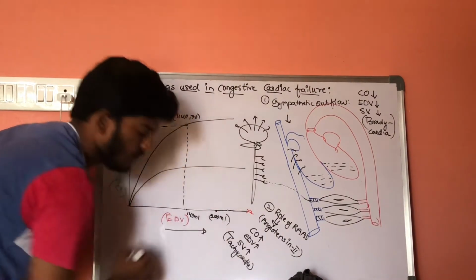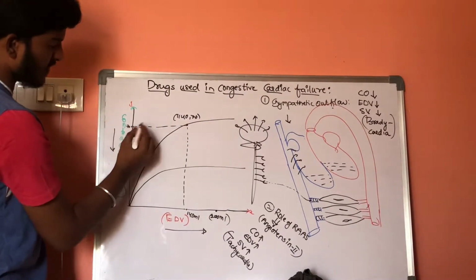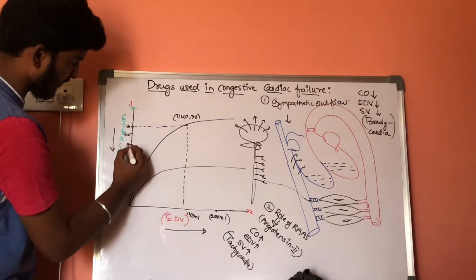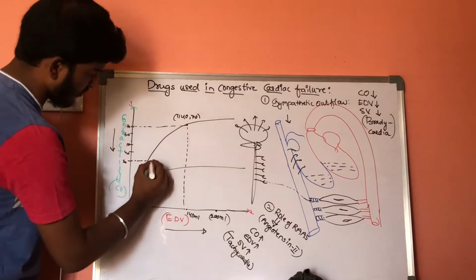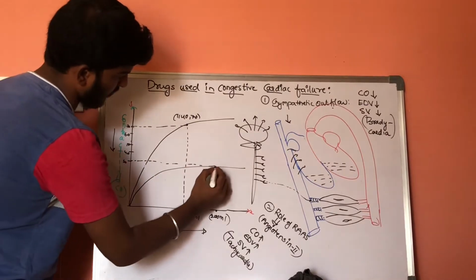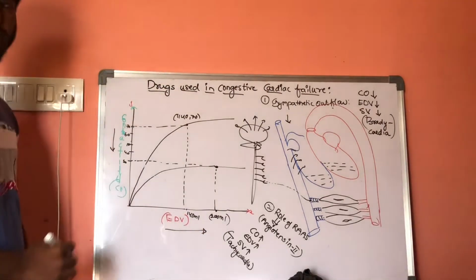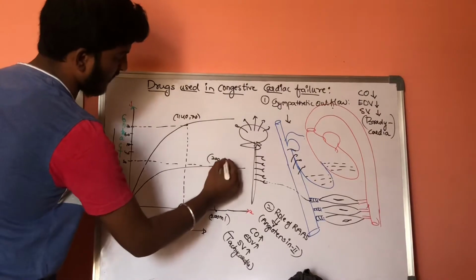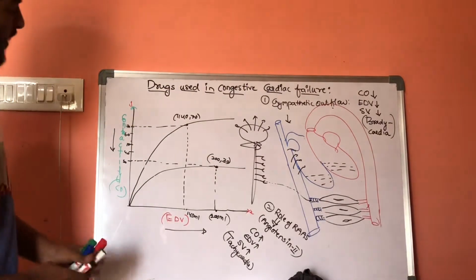At 200 ml, it will decrease from 70 to 60, 50, 40, and down to 30 beats per minute. In this way, this is the normal.